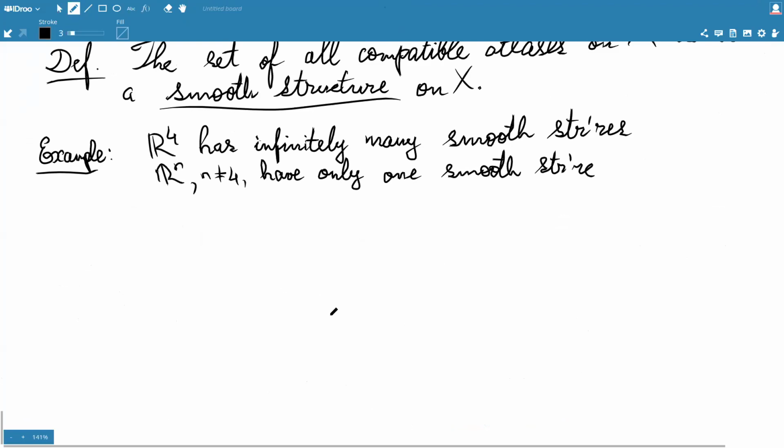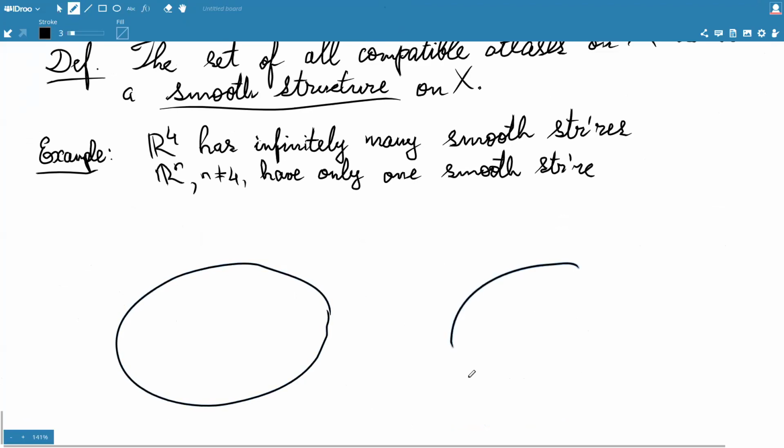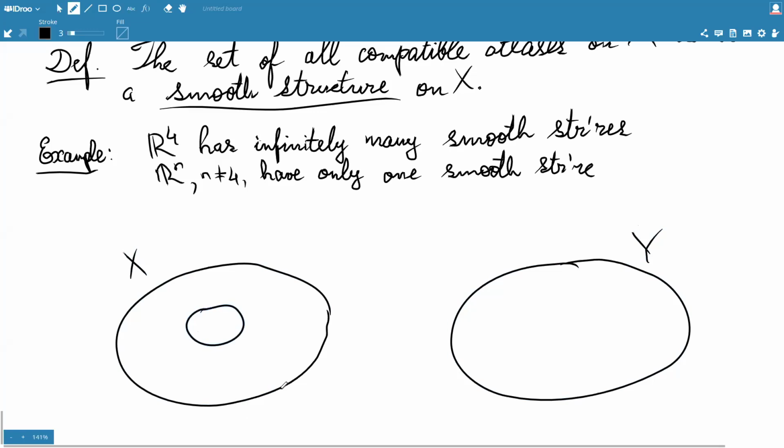So if you have two smooth manifolds, say X and Y, take any open subset in X. This is, as you know, the image of a certain open subset in Rn under a homeomorphism.